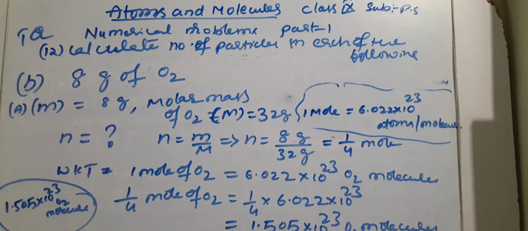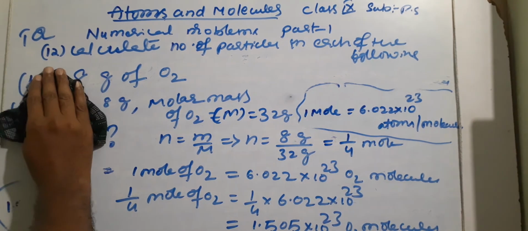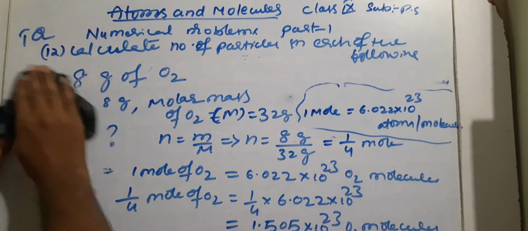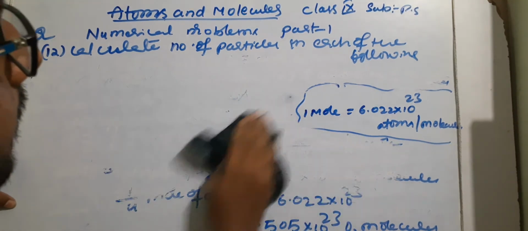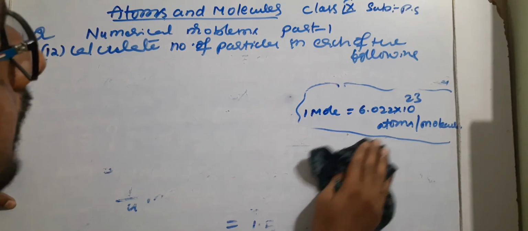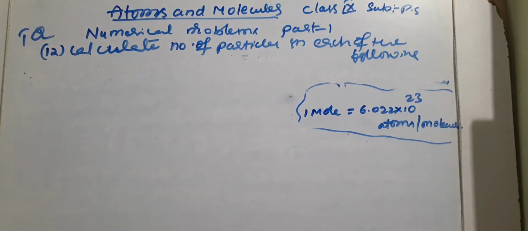Now the last one, students. In this next and last problem, we want to find the number of particles in 0.1 mole of hydrogen given.